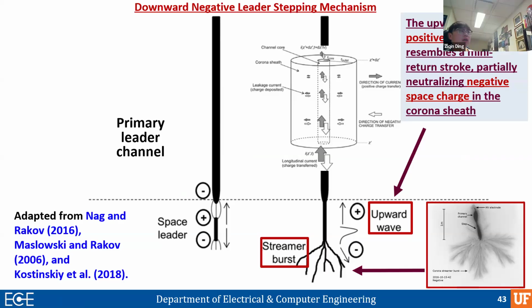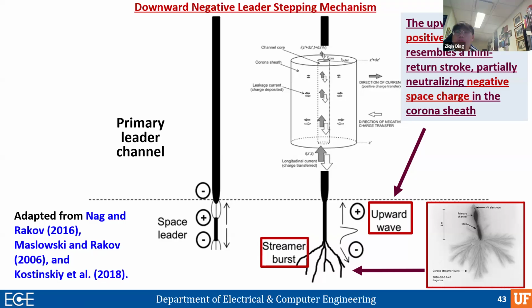We attribute this collision to the step formation at the front of the leader tip, because after each step of the negative step leader, there will be a wave propagating upward along the leader channel, and it will change the electric field at different altitudes of the leader channel, since the upward wave will be positive, while the inside of the leader channel is mainly negative charges.